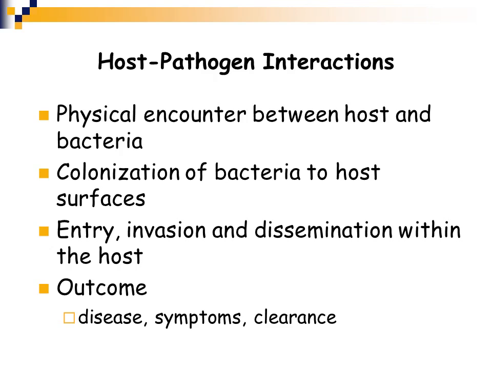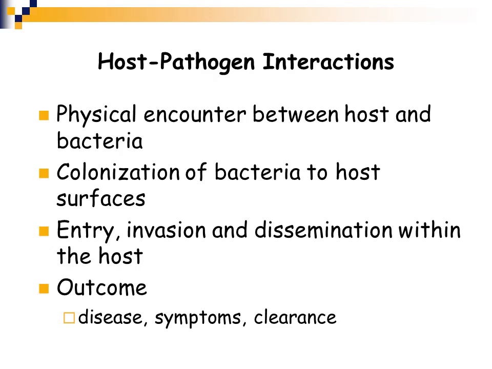So in order for an organism to cause disease, it must be able to do several things. First, it has to have an encounter, so it has to come into contact with a host. It then needs to colonize the host surfaces.